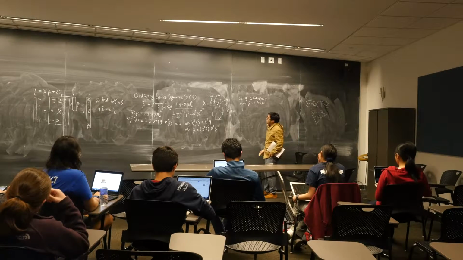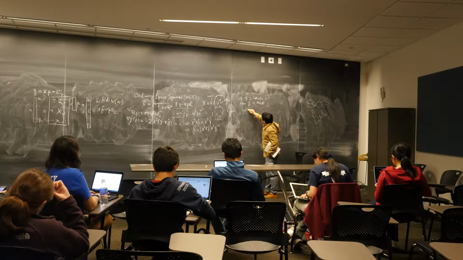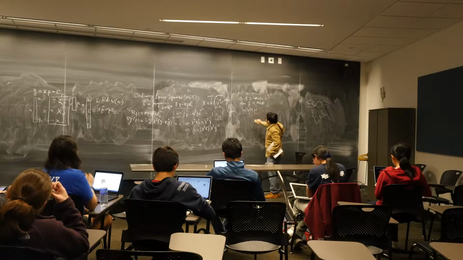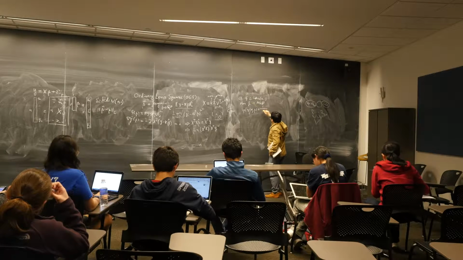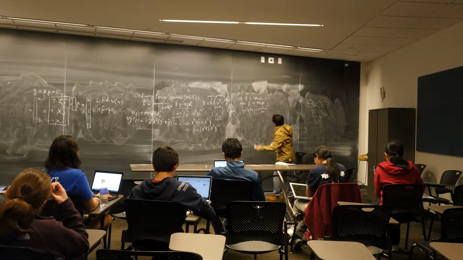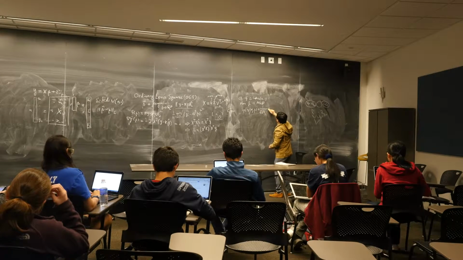Why? It's very simple. You can see P of y_i given x_i and beta is 1 over the square root of 2 pi, times the exponential of the squared error.